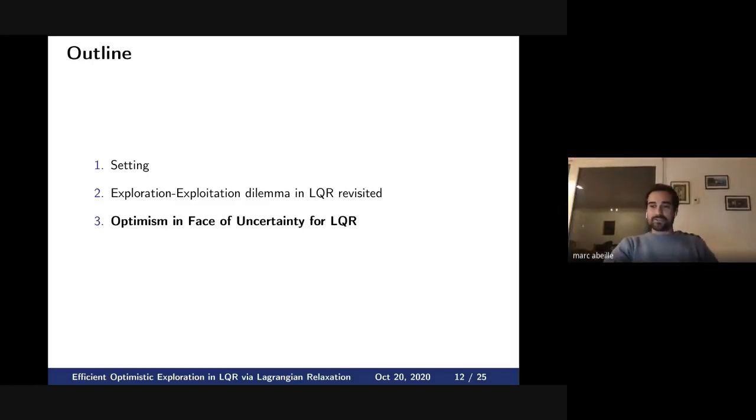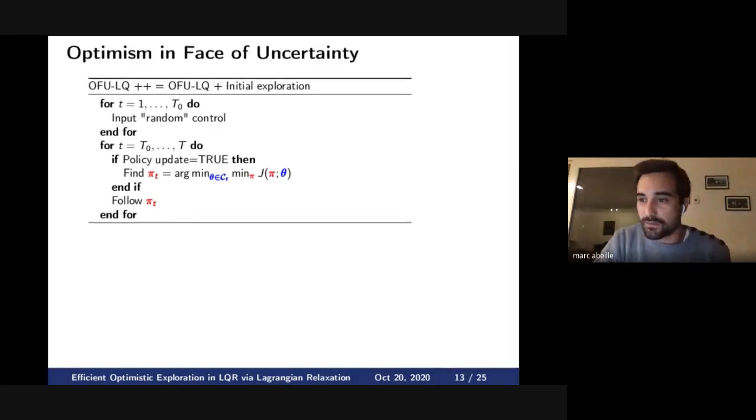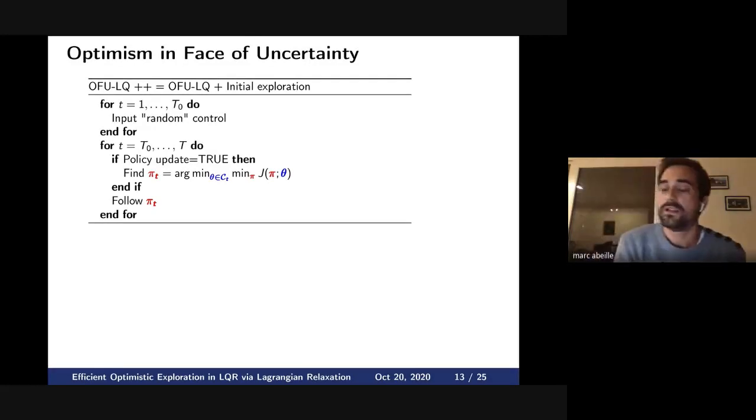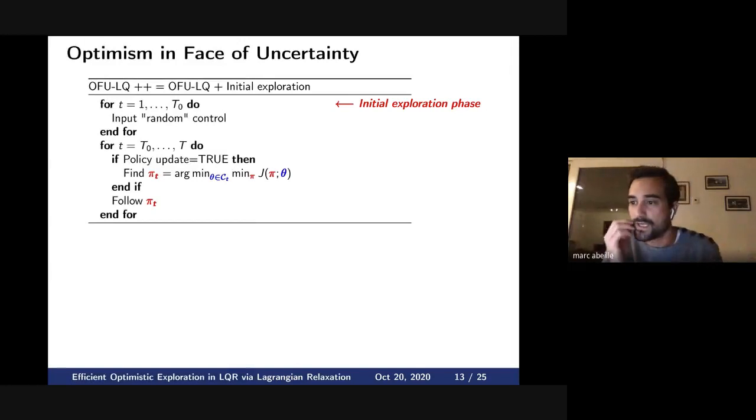Okay, so let's see how we get to the LagLQ results, looking at optimism in face of uncertainty for LQ. Building on this principle, it yields the following, what I call refined algorithm, which operates in two phases. At the beginning of the procedure, we input some sort of random control to perform first a rough estimation of the unknown parameter.